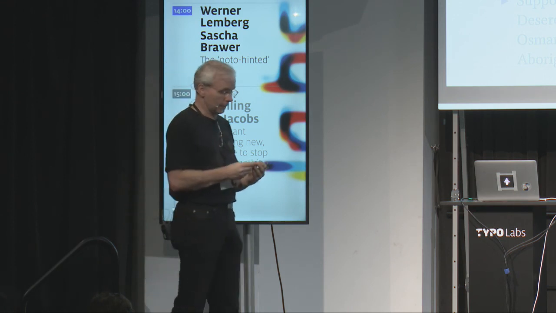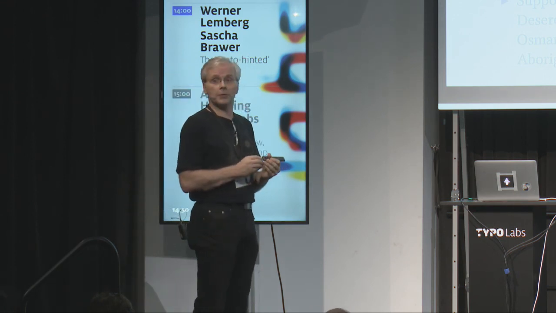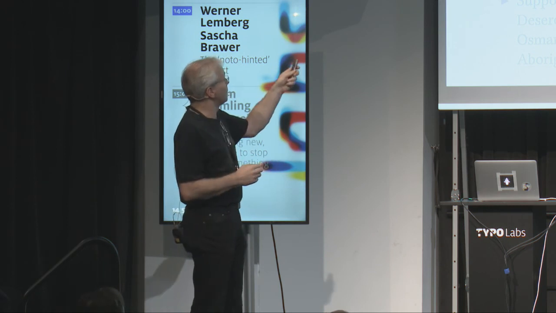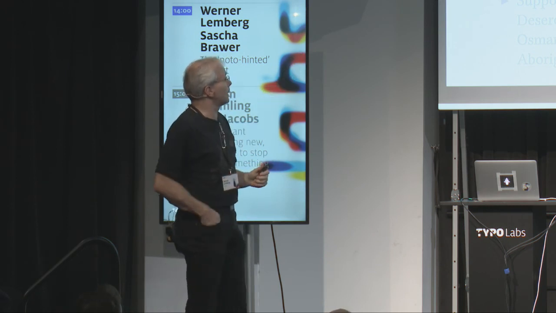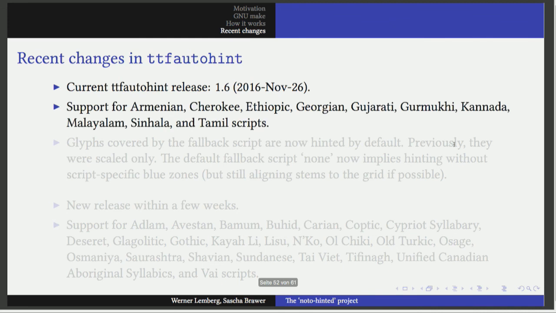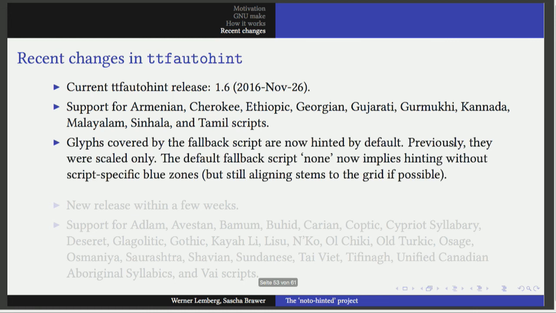This is the official part, and now, because some people have asked me what about news in FreeType or ttfautohint, I'm just closing this now. The current release was done in November. It brought a bunch of new scripts, and perhaps the more interesting thing is, even if you have a font that contains glyphs that are not possible to apply to blue zones, it's still possible that ttfautohint can apply hinting to them.